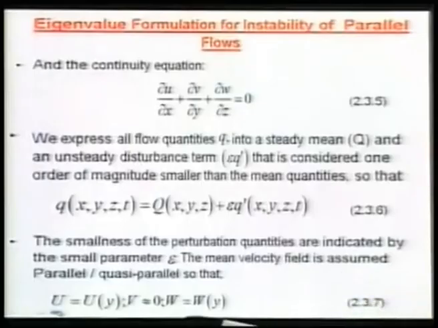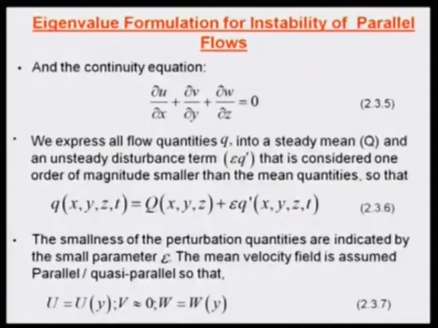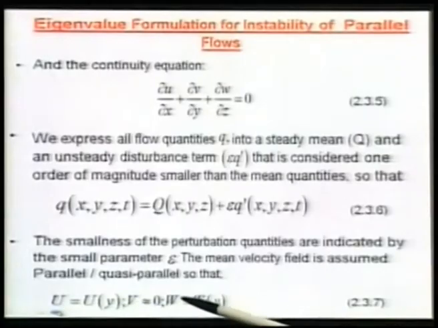in addition, we say that we go by the same parallel flow approximation, right. So, now we have focused our attention on 3-dimensional flows. So, the mean flow will also have 3 components, capital U, capital V and capital W, and the moment I say we are looking at parallel flow, we immediately realize capital V has to be equal to 0.